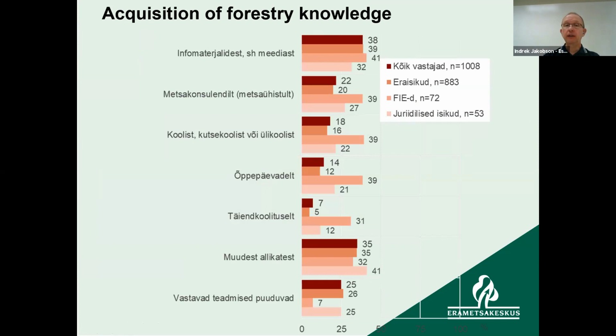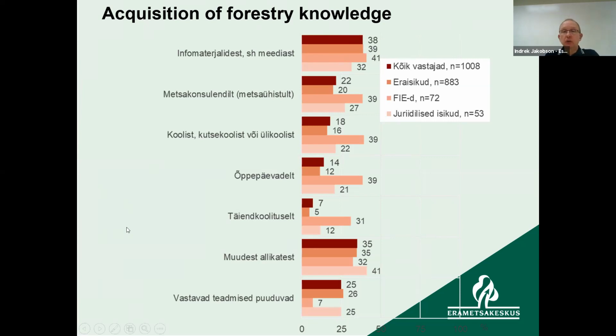So how did they get their forestry knowledge? If we compare the biggest part, which is information material, including media, it's the upper. And here we see all respondents have nearly 38%, private persons 39, 40 like self-employed, and companies 32.